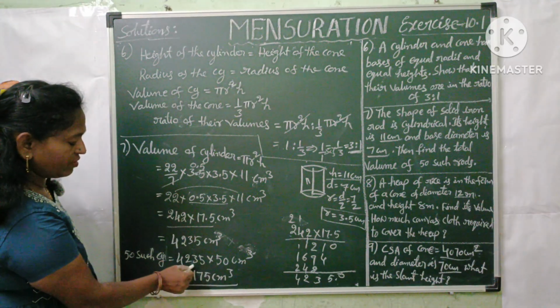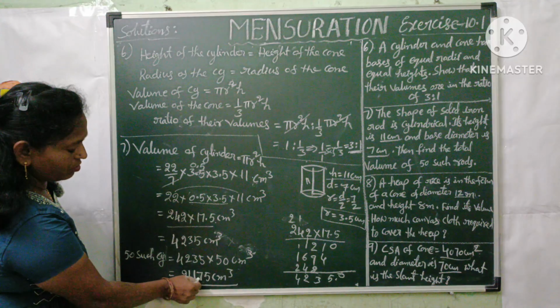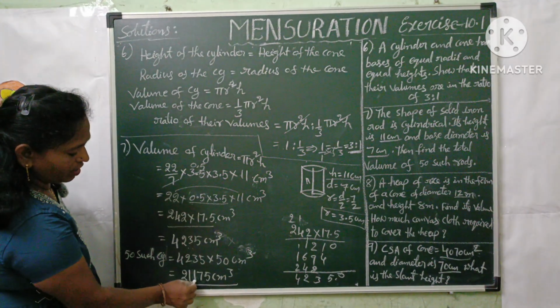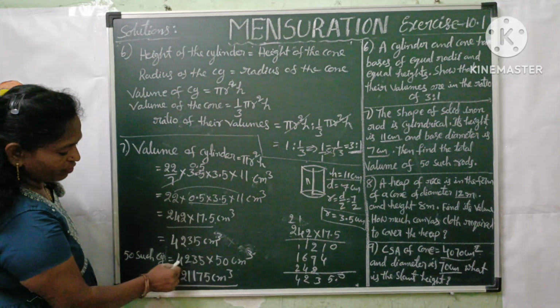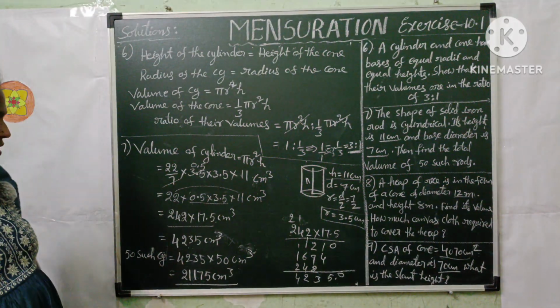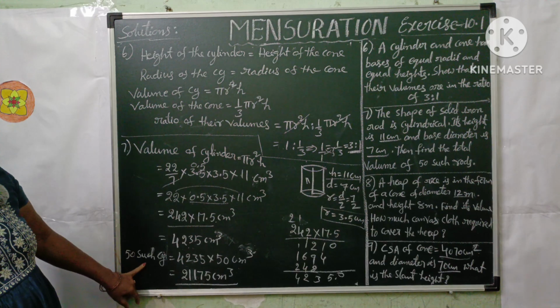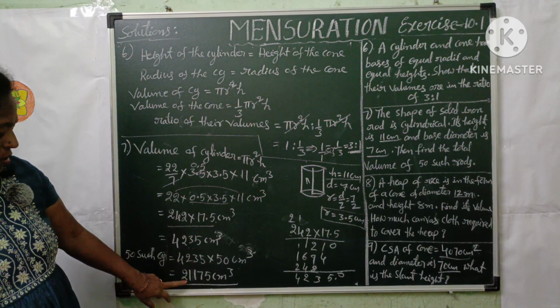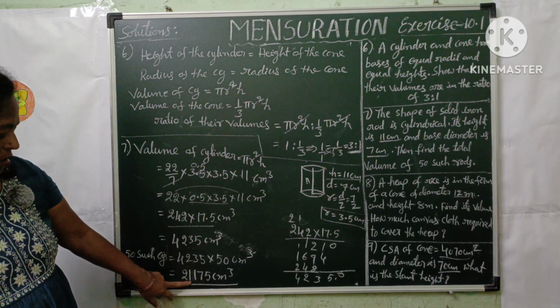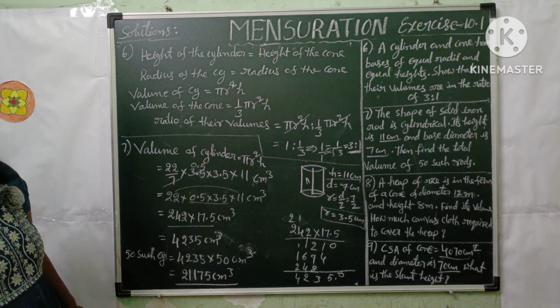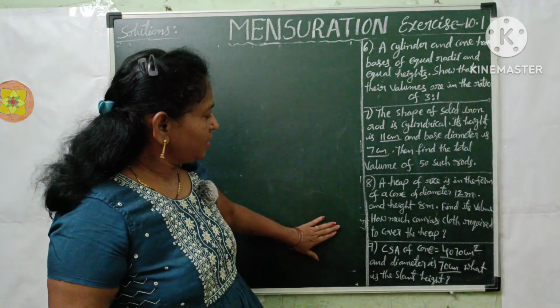Again 5 3s are 15, 15 plus 2, 17, 1 here, 7. 5 2s are 10, 11, 1 here, 1. 5 4s are 20, 21. Okay, simply this is how many 50 such cylinders. 21,175 centimeter cubes. Next, 8th question.